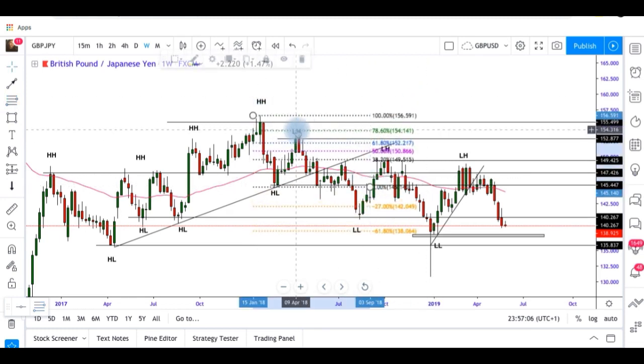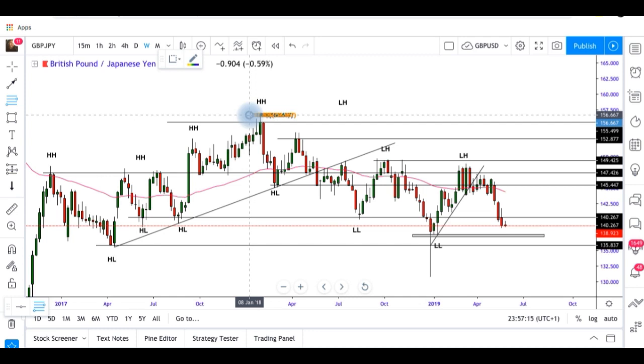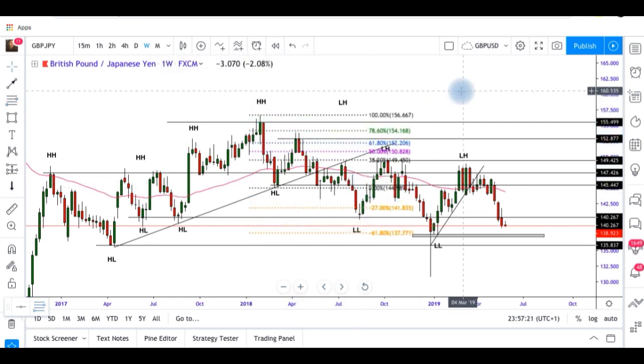And let me just remove this. As long as price stays below the 78.6, you know that potentially this could be a reversal in the trend. Now, this sounds a little bit more complex, and obviously, as I said, you're going to learn about this further along within the course.